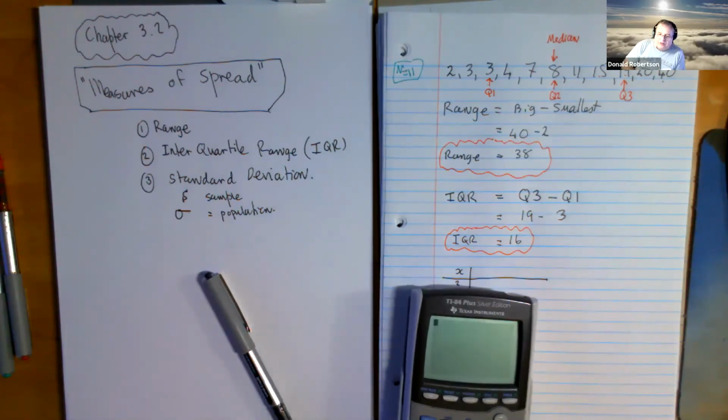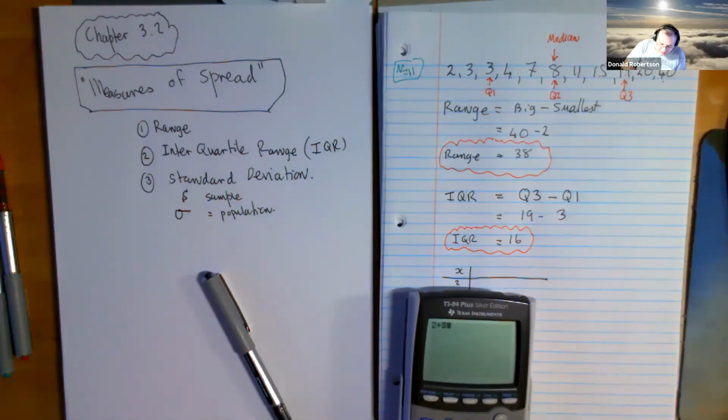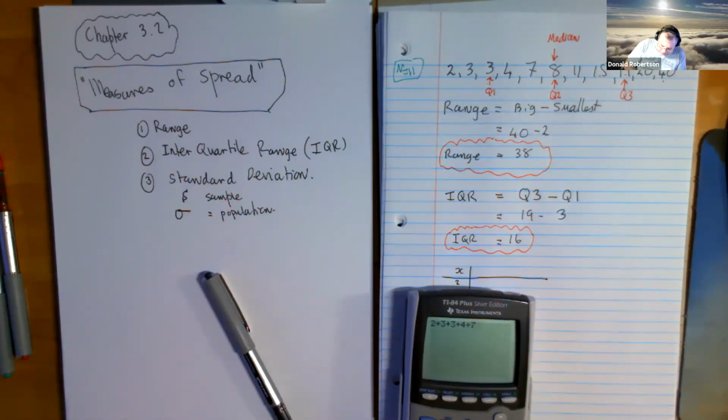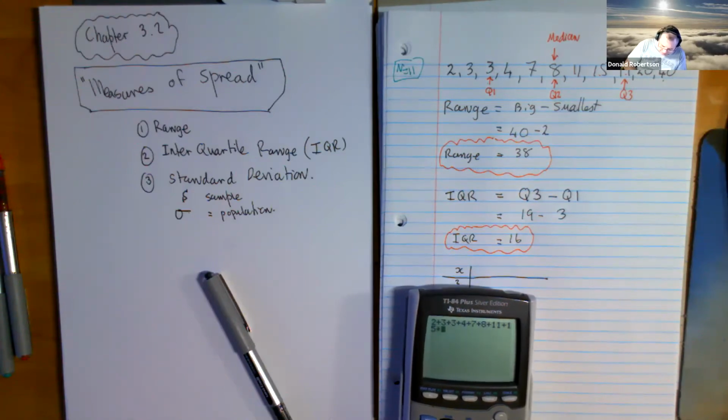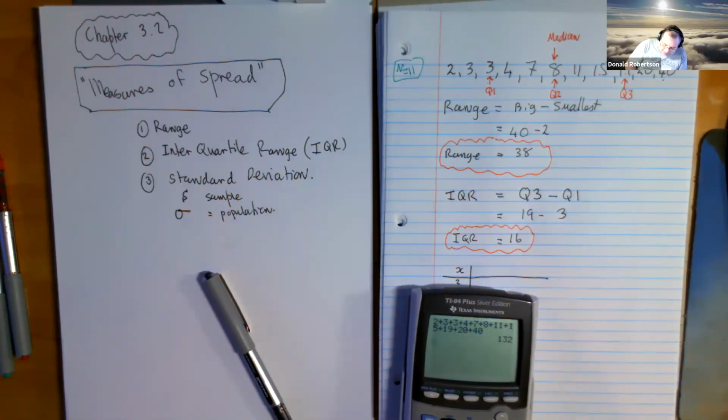So here goes. 2, add 3, add another 3, add a 4 and a 7, add an 8, 11, and 15, add a 19 and 20, and finish with a 40. And divide by 11 numbers, and we get 12.